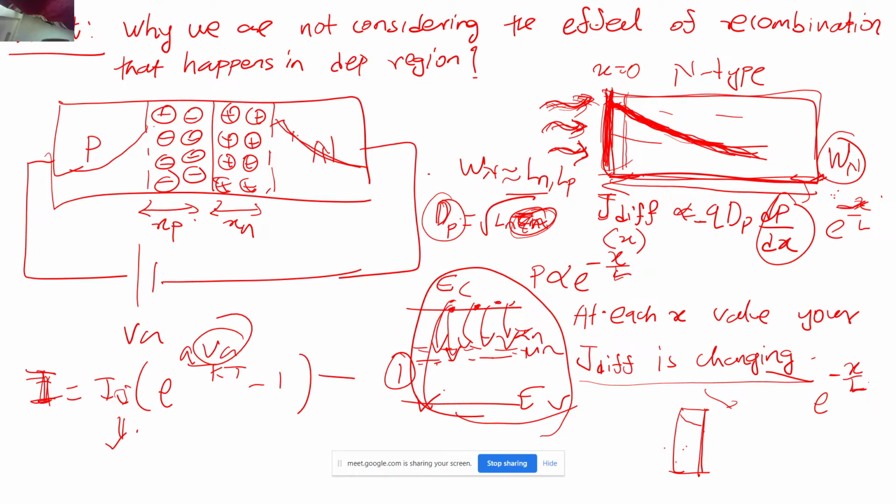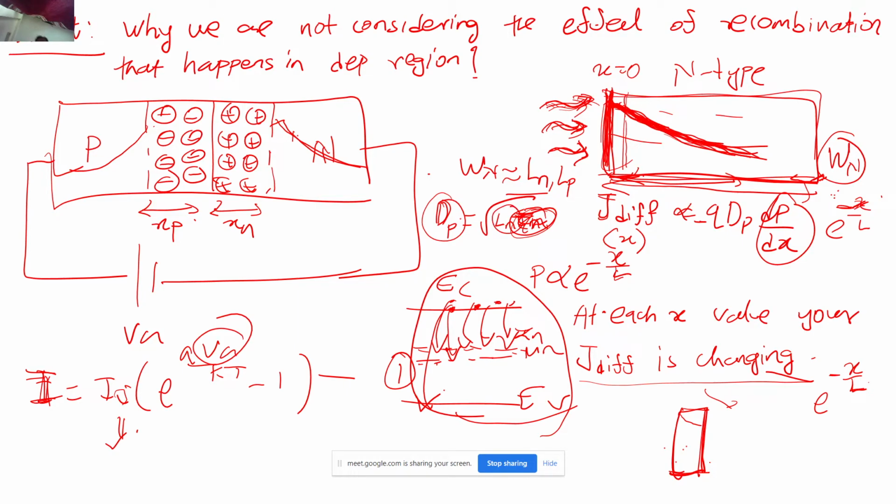Now I want to tell you guys, if I shrink the distance of this n-type region to such a low value, see, first of all, just understand why these carriers are diffusing properly: because I'm allowing them a length which is greater than their diffusion length. I'm having the length of the n-type region greater than this diffusion length.